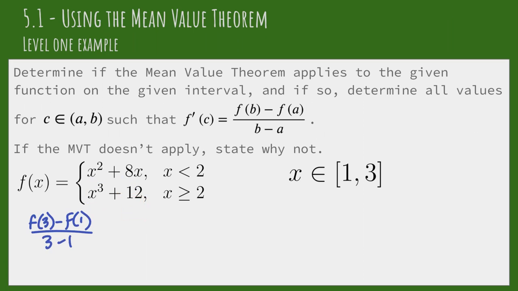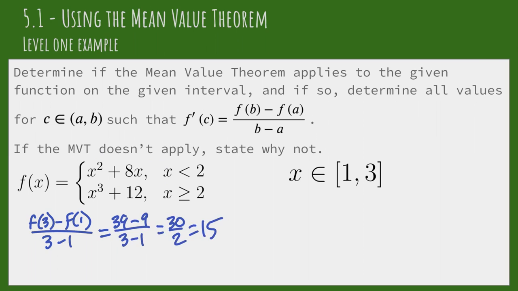We plug 3 in. That's going to be 27 plus 12 is 39. Minus f of 1, we're using the top here. 1 plus 8 is 9. And then on the bottom, we have 3 minus 1. So we have 30 over 2, which is 15. So the average rate of change, or the slope of the secant line, is going to be 15.